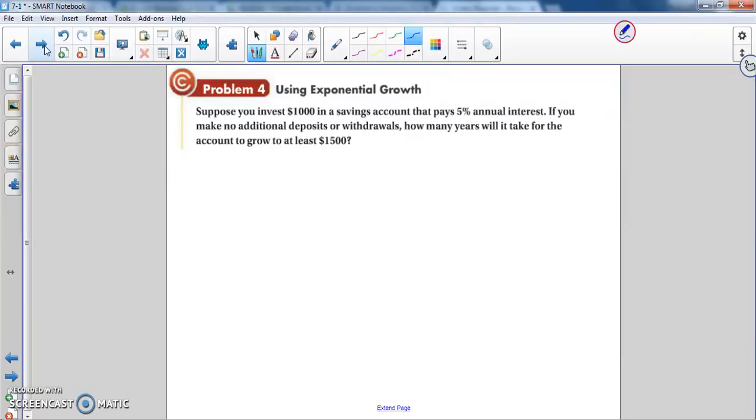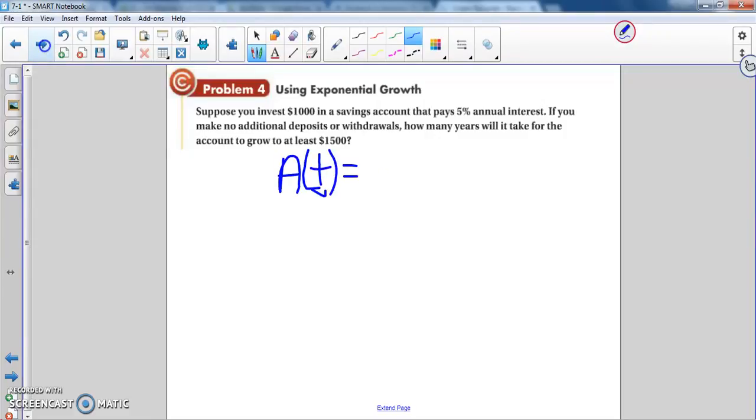I'm sorry. Suppose you invest $1,000 in a savings account that pays 5% annual interest. If you make no additional deposits or withdrawals, how many years will it take for the account to grow from $1,000 to at least $1,500? So think about the equation we have.